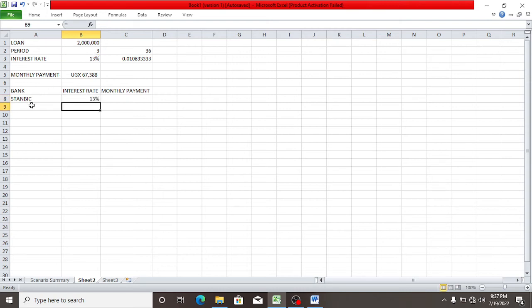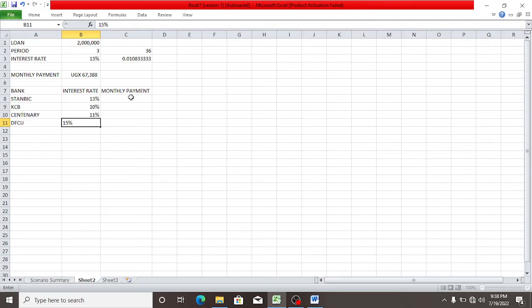Okay. So KCB, we have seen it is 10%, and then Centenary, hope that is the spelling for Centenary, it is 11%, and then DFCU it is 15%.